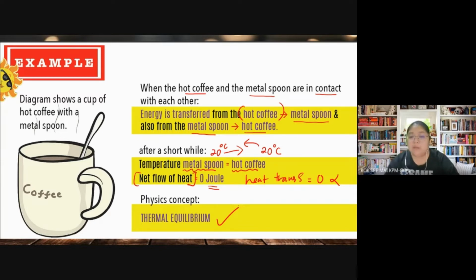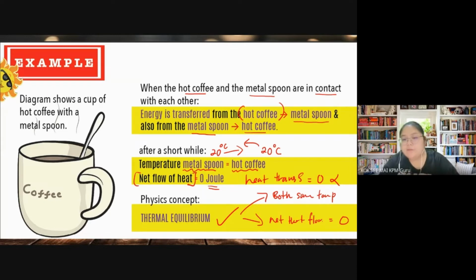When you talk about thermal equilibrium, you must bring two things. One, both have the same temperature. This is the first point. Second point, net heat flow equals 0. This is the second point for thermal equilibrium.